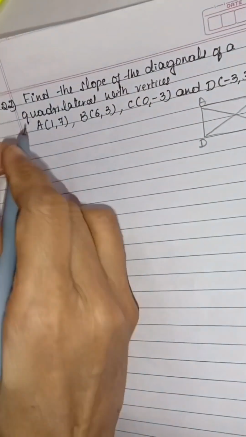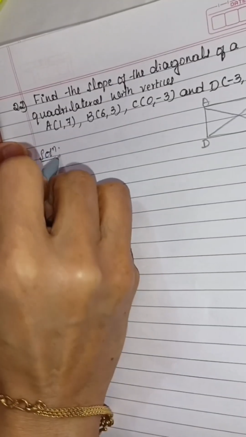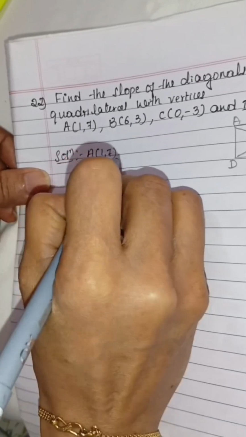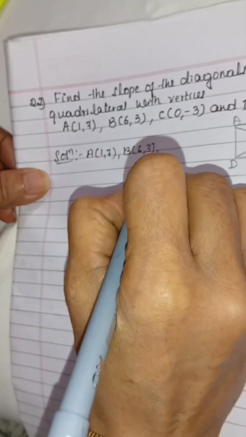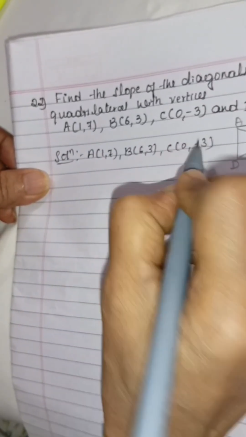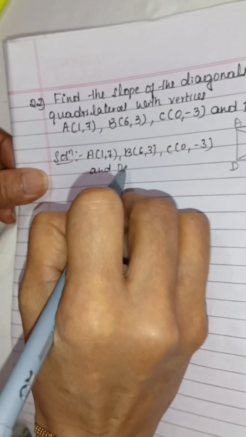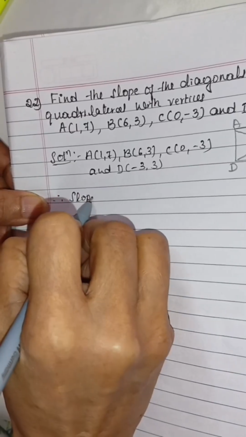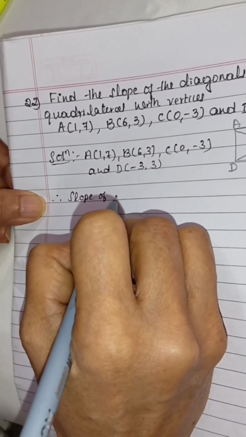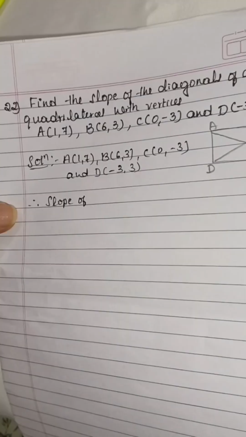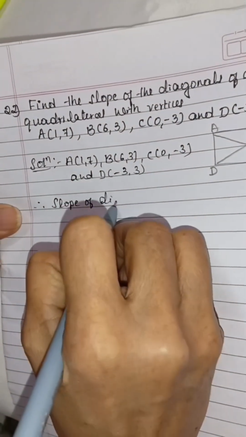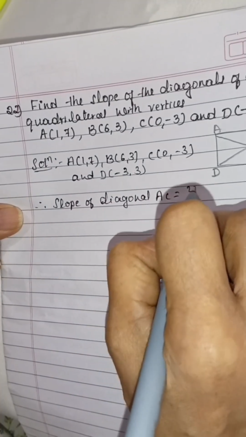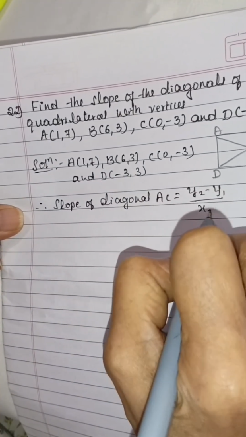Okay, therefore the solution part. First write the given. A is 1 and 7, B is 6 and 3, C is 0 and -3, and D is 3 and -3. Therefore, we have to find the slope of diagonal AC. What is the formula? y2 minus y1 divided by x2 minus x1.